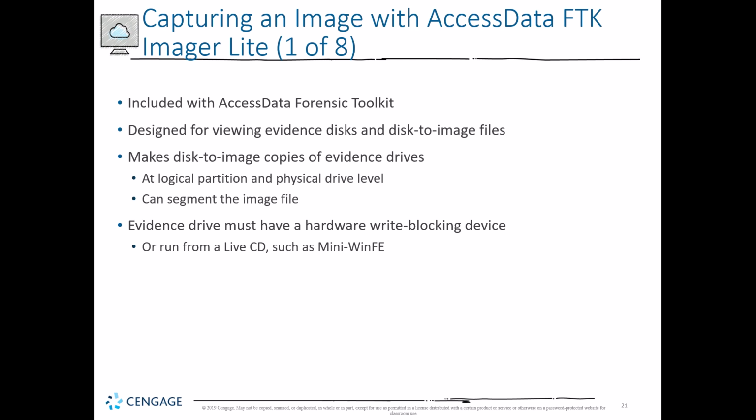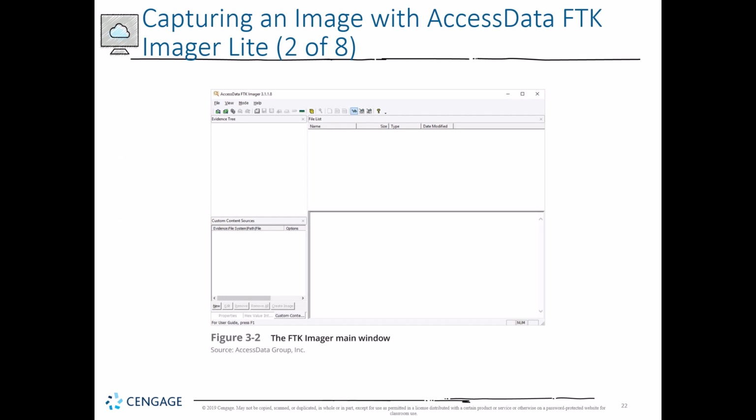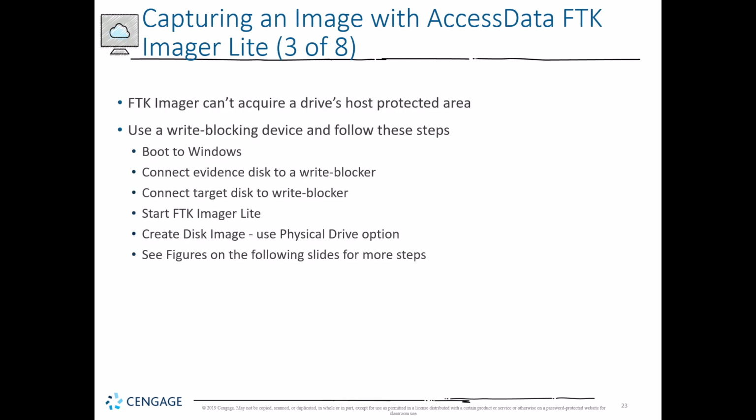Normally the AccessData FTK Imager is used for static acquisition. You can use it for live acquisition, but that adds in some layers of complexity. Here's FTK Imager version 3.1.1.8, and again, it's broken into several panes. The big thing is capturing the image.